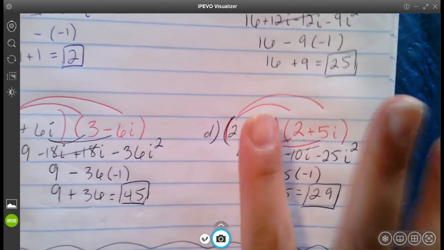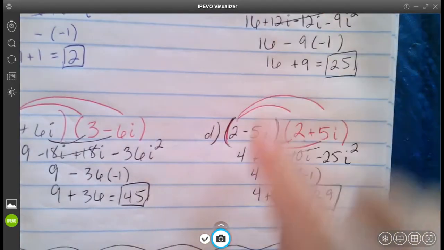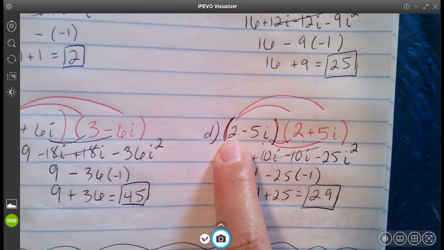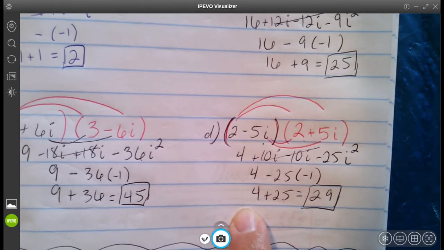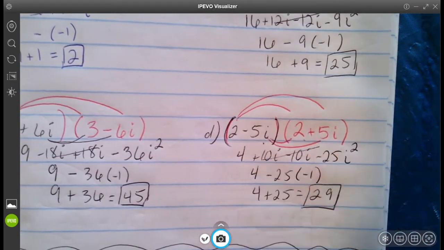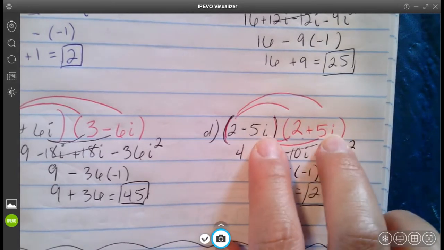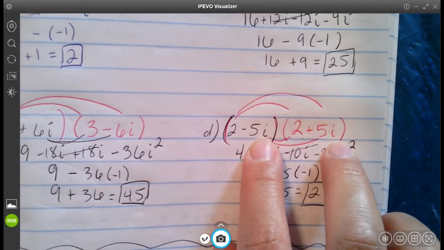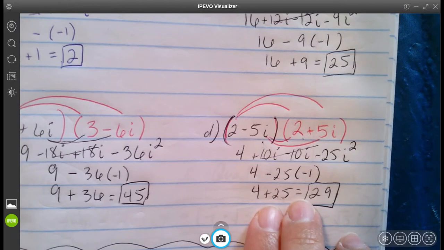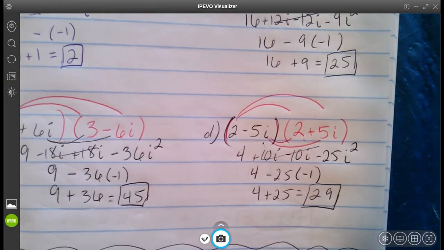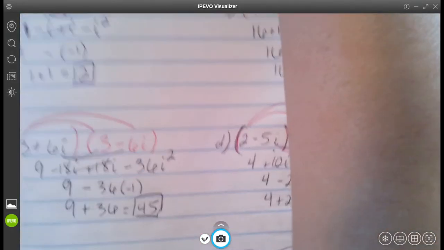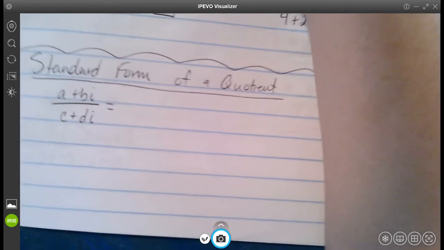So this is actually going to be in the form of a squared plus b squared: you take the first one and square it, and add the last one squared at the end. So that's kind of a shortcut. Maybe I'll make you prove that. I think there's a problem that makes you prove that. So we'll see if that comes up in the homework. Okay. All right, moving on.